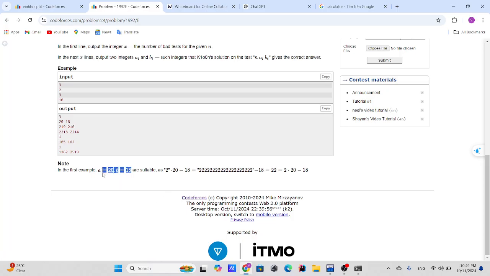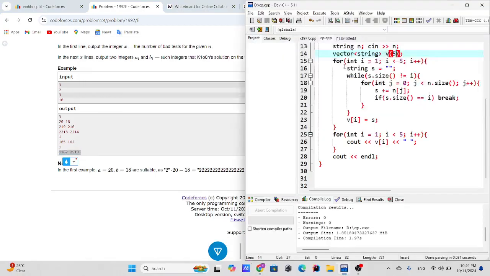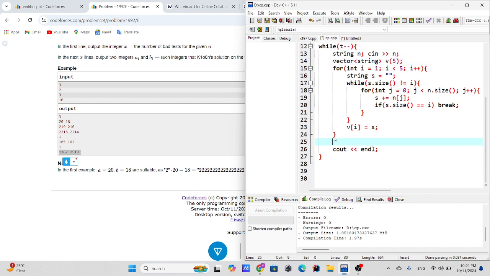20 and b is 18. This one makes me really questionable. Because what the fuck? Should I?